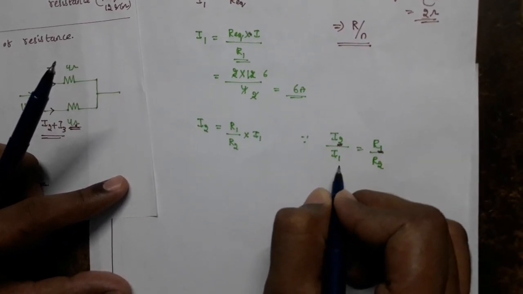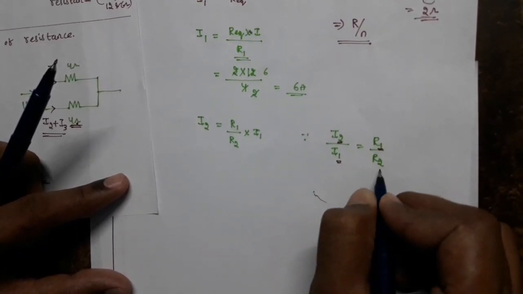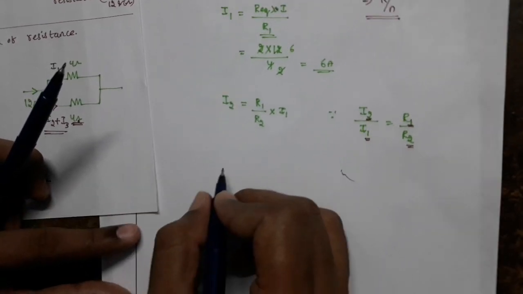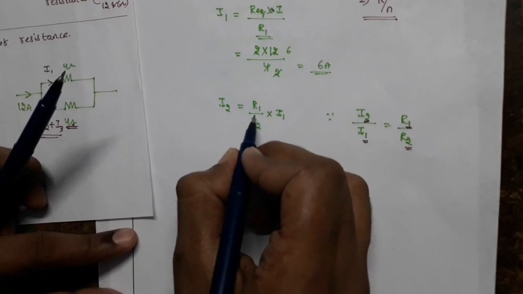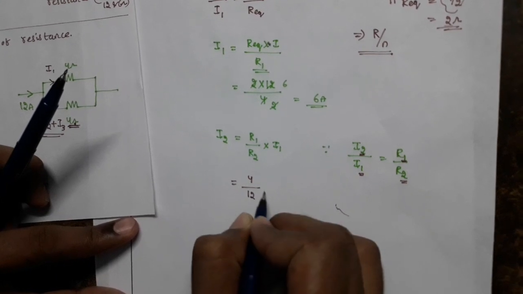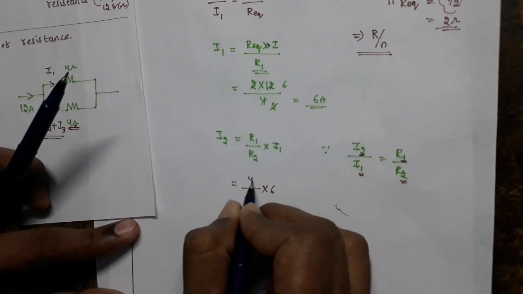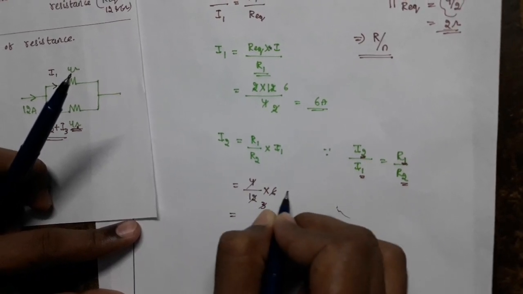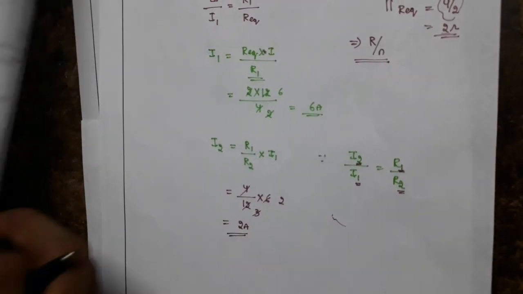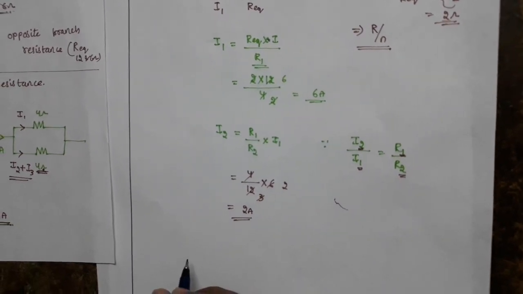If we see the denominator base, on the left hand side it is 1, and on the right hand side it is 2. Quite opposite. So we know R1 is 4 ohms, R2 is 12 ohms and I1 is 6 amperes. So I2 is 2 amperes. By using current division rule also we have got I2 is 2 amperes.